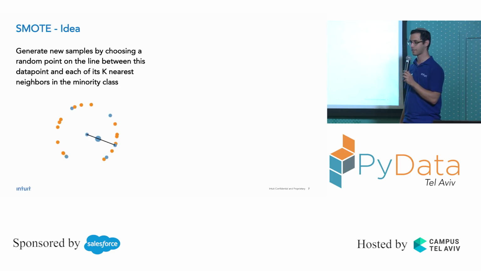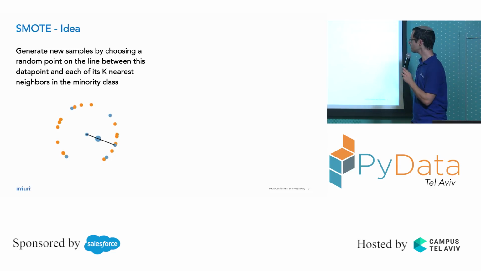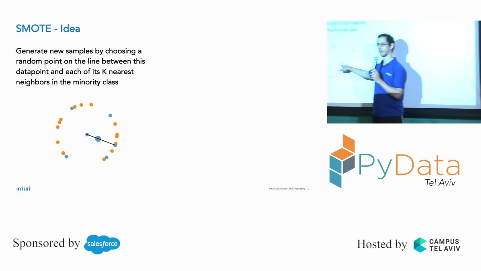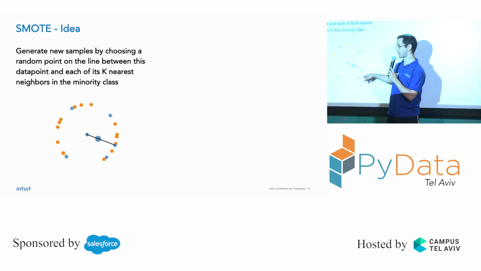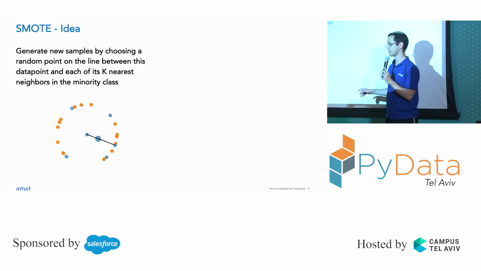So SMOTE, the idea is as follows. When we want to oversample a point from the minority class, instead of this Control-C, Control-V that I mentioned before, just duplicating a point, what we do is find a point in the minority class and find its k nearest neighbors. K is usually 5. You can play with that parameter.